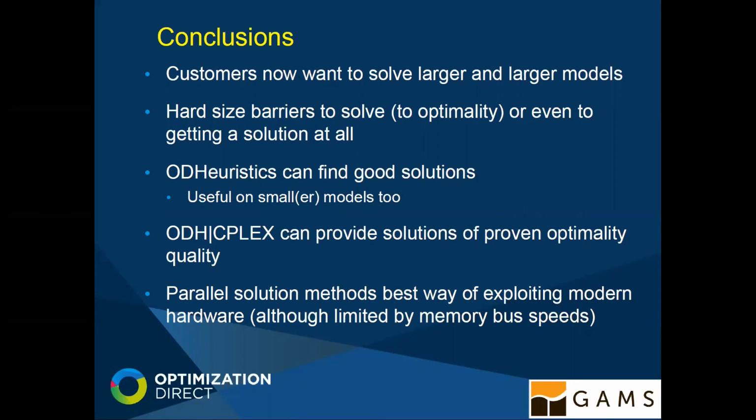It can be useful even on smaller sorts of models. ODH heuristics running within CPLEX as ODH CPLEX can not only provide solutions with guaranteed quality in terms of optimality gap, we can get them quickly and possibly even outperform an ordinary optimizer to complete the search.